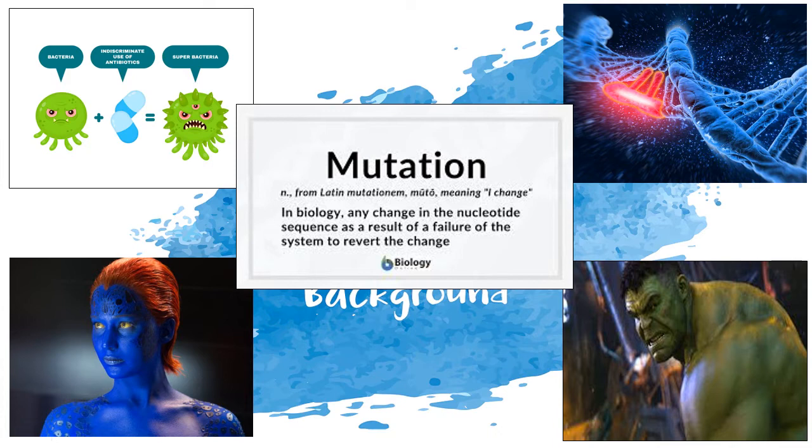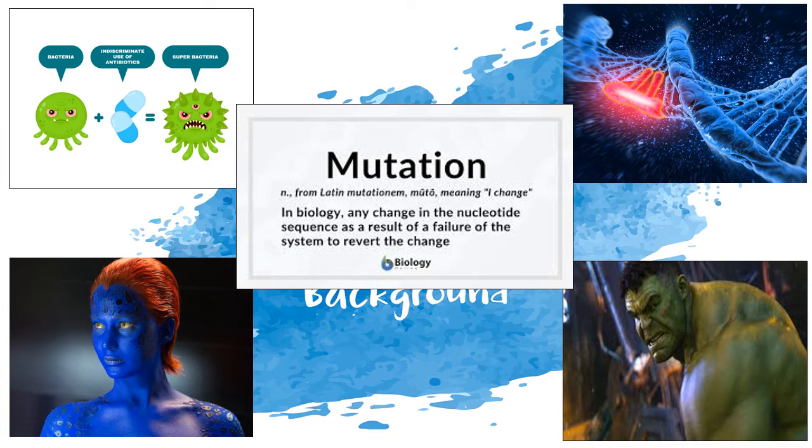Now, when this failure occurs, with every round of replication of DNA, mutational changes occur. Our system has a repair mechanism which heals the mutation, but that repair mechanism fails 1 in 10 million times. Once it fails, the mutations start accumulating inside our body.